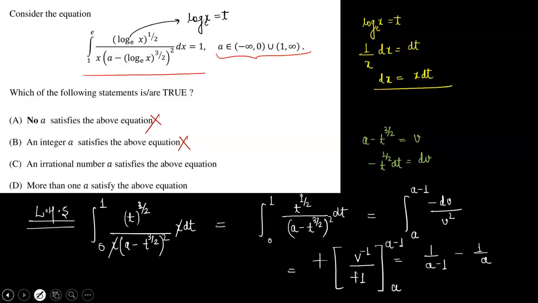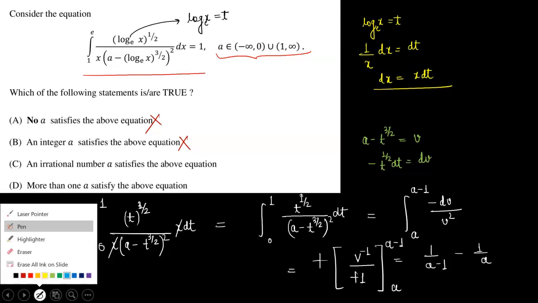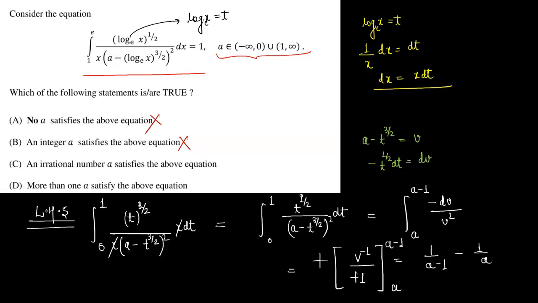So these two values are under the range of the given condition of a. Next option: an irrational number a satisfies the above equation. This option is correct. More than one a satisfies the above equation. This option is also correct, since we have two values of a.